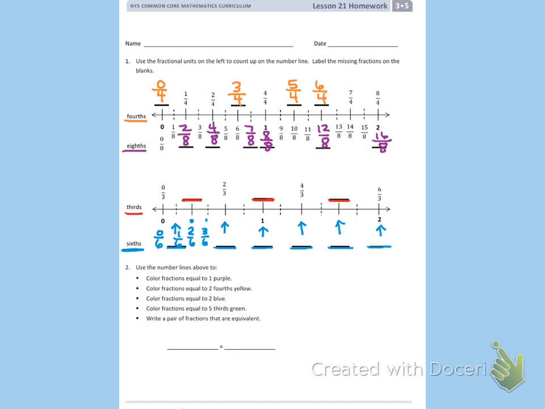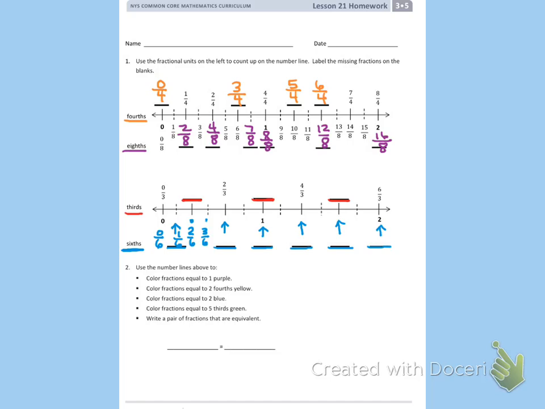Item 2. Use the number lines above to color fractions equal to 1 purple. All right, I will look above and find the fractions that are equal to 1 purple.